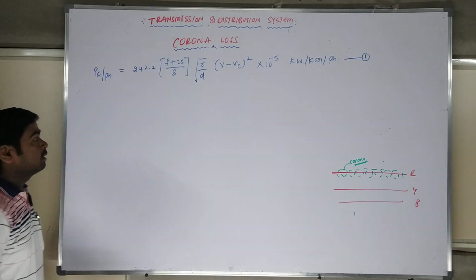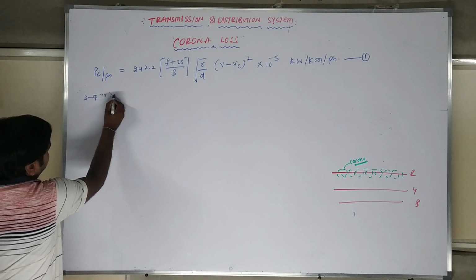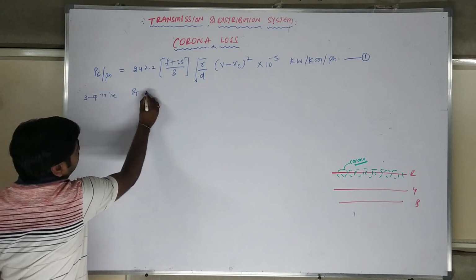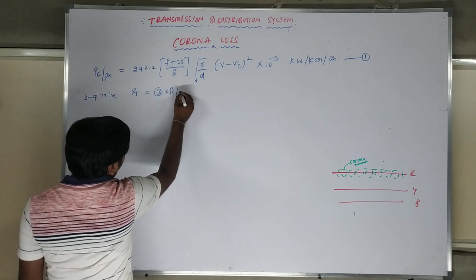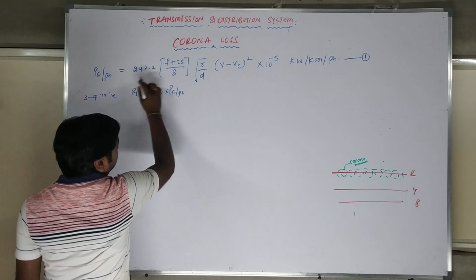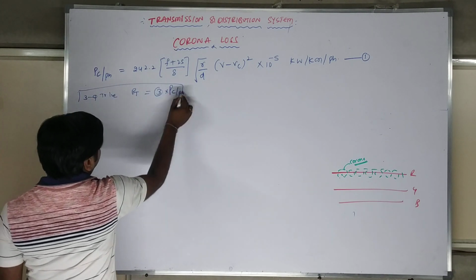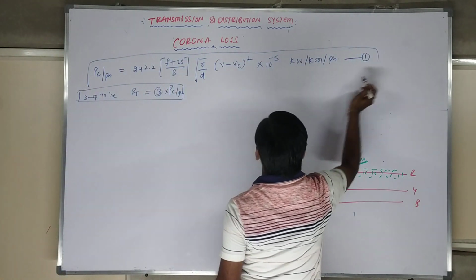If we go for a three-phase power transmission line, the total power is equal to 3 into the corona loss per phase. This is the entire corona loss in the transmission line.